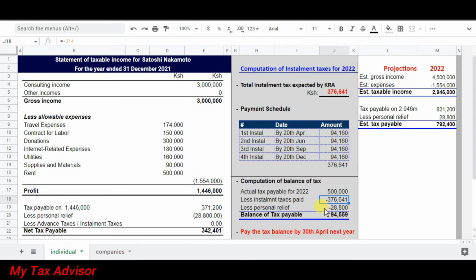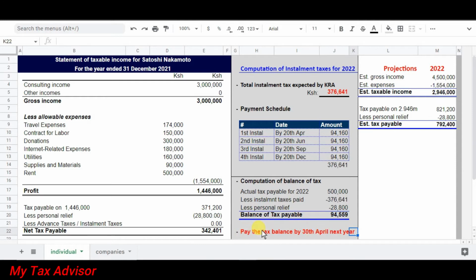You just offset or less the installment taxes that we have already paid so far, and if you qualify for relief, you can less it there. If you don't qualify, it's okay. And the balance of tax that KRA will be expecting from us is 94,000 shillings, because we have already paid 376,000 plus 94,000. It's going to amount to these plus personal relief. So this balance of tax is now what KRA expects you to give them by 30th April.